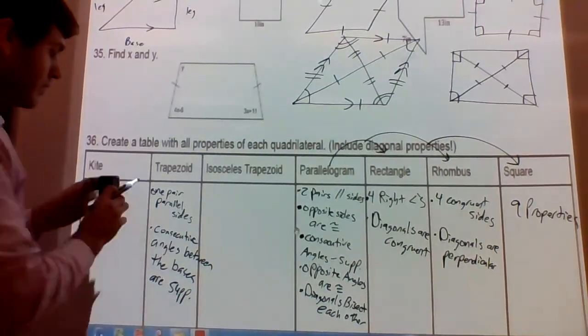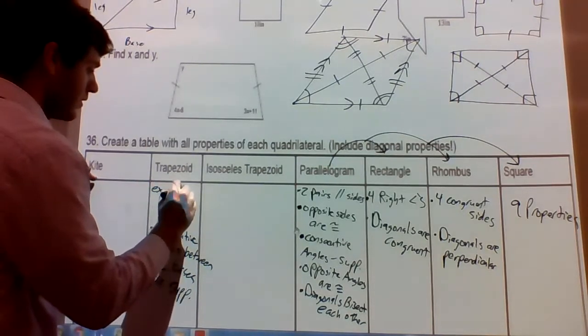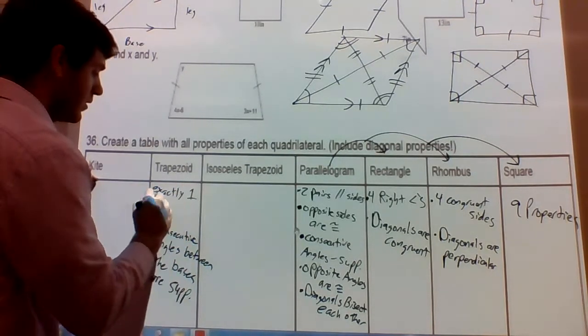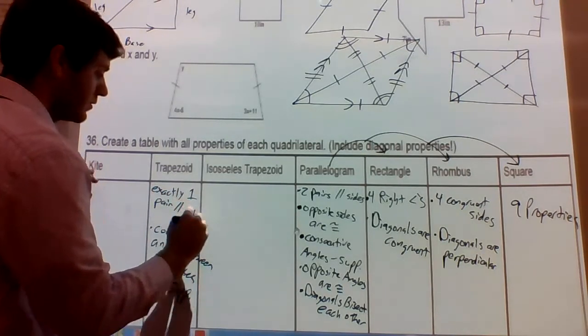This one says 1 pair of parallel sides, so exactly 1 pair of parallel sides.